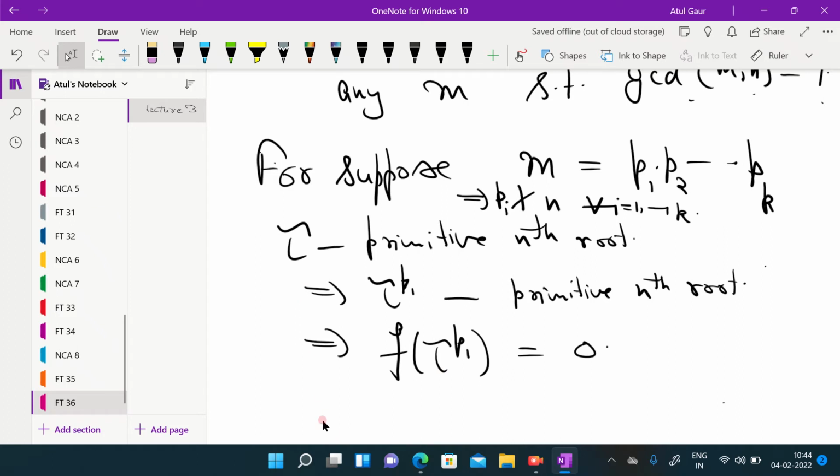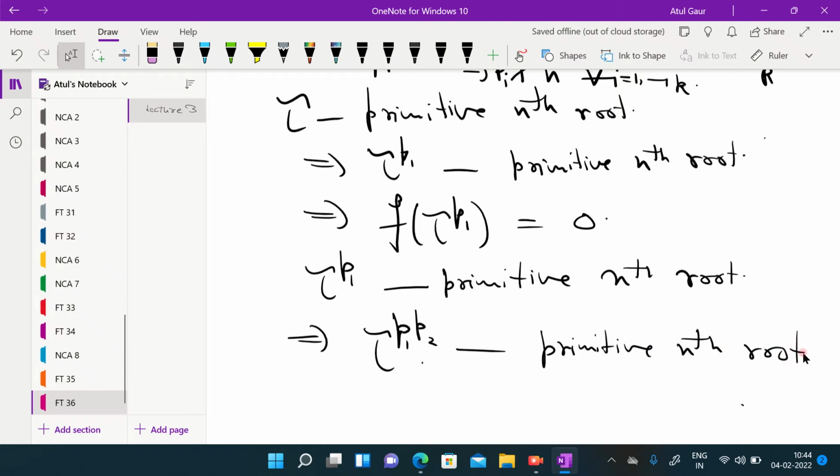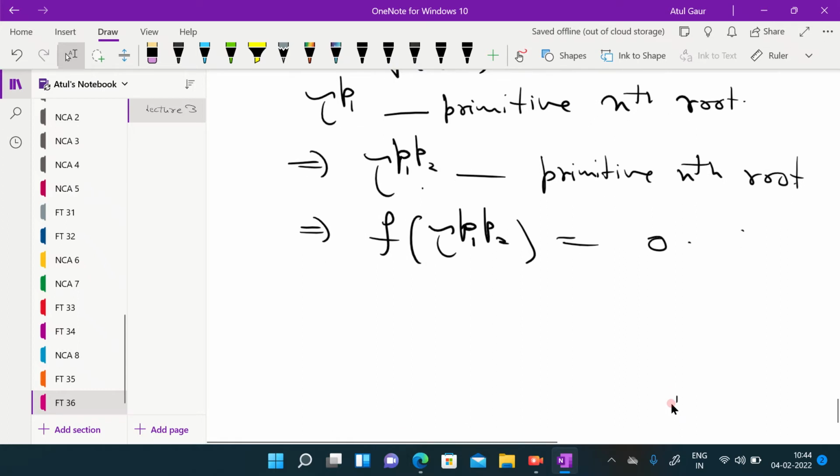Now apply this whole argument to tau^p1. What is tau^p1? A primitive nth root of unity. So what will tau^(p1 p2) be? Because p2 also does not divide n, it is a primitive nth root of unity, and you can apply the argument. So f tau^(p1 p2) is 0, and so on, right?